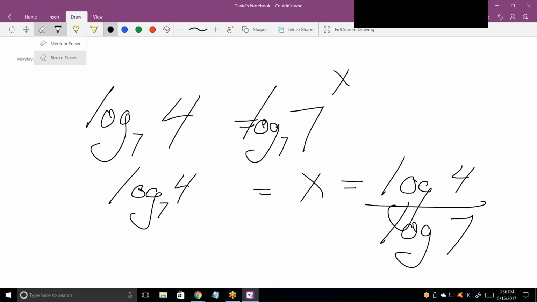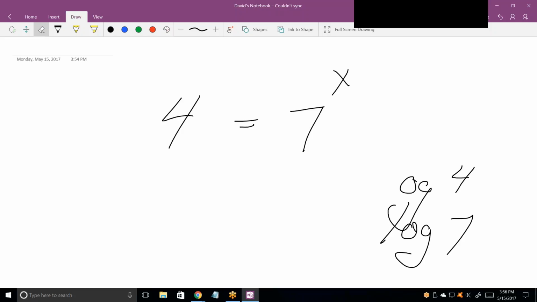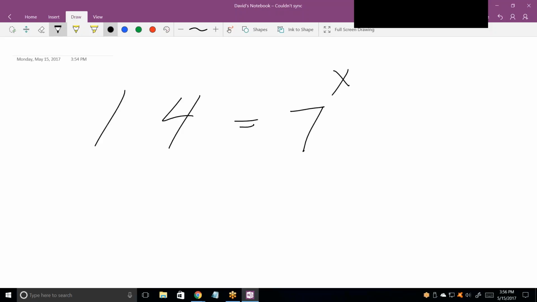Let's go back. I'm not sure this is worth even mentioning, but it might be, because you can get in trouble if you're always having to take the log of this number, the log base of that number. Let's just always take natural log of both sides, or common log of both sides. The fact that it's now a log equation allows me to do what with the x? I don't know.